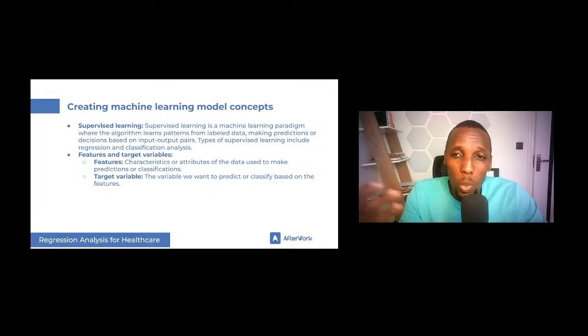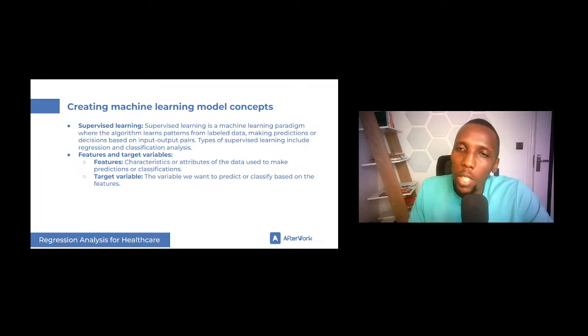Later on, once we have trained a model, we take the features of the test set and ask the model to predict its own target values for those test features.